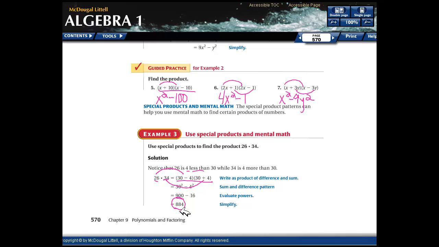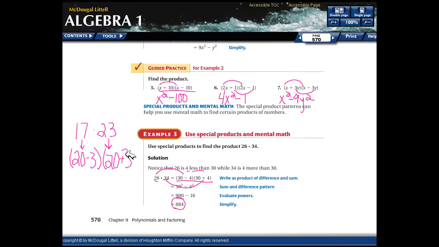Let's try another one. Let's say it's 17 times 23. Notice that they are both 3 away from 20. So this could be rewritten as 20 minus 3. This could be rewritten as 20 plus 3.